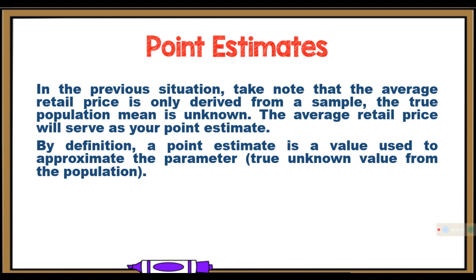By definition, a point estimate is a value used to approximate the parameter. It is the true unknown value from the population. Point estimates are not limited with means. You can also have estimates such as sample standard deviation or sample range, sample midpoint or median, and sample mode.